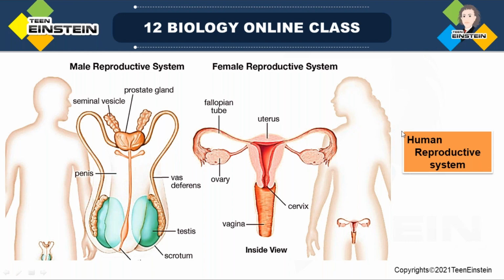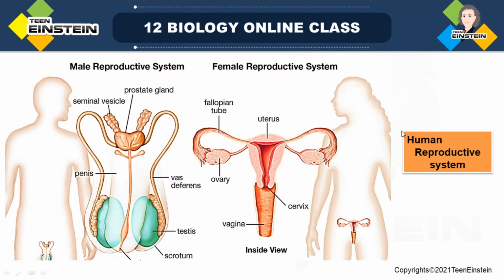And each seminiferous tubule is lined by spermatogonia and which cells? Sertoli cells. Okay. And this spermatogonia will undergo meiotic division, which leads to sperm formation.